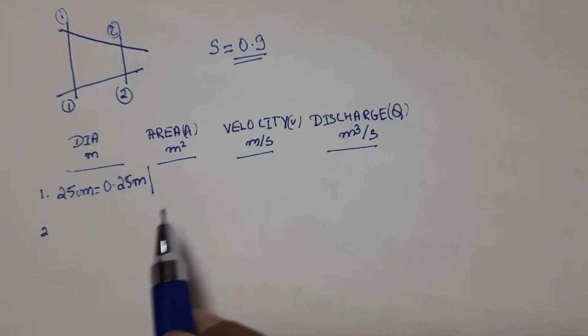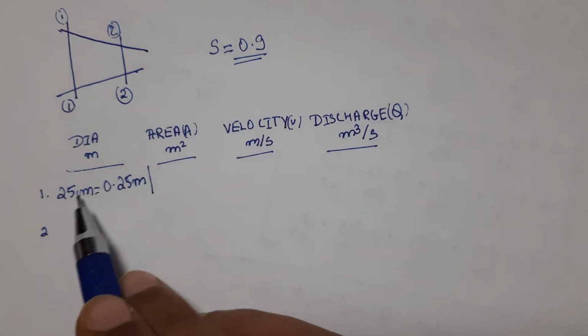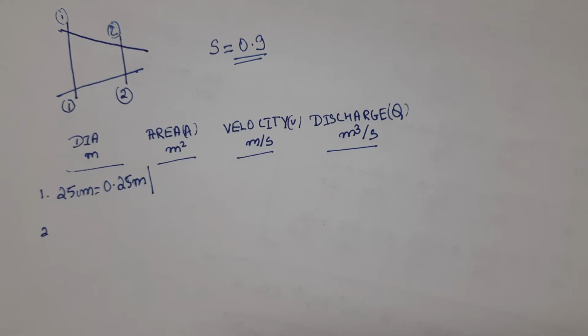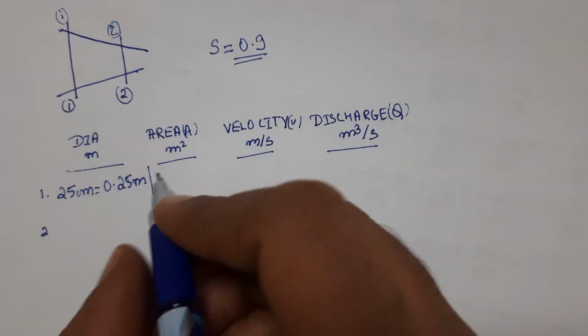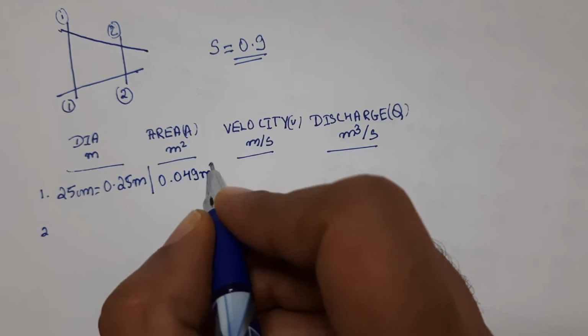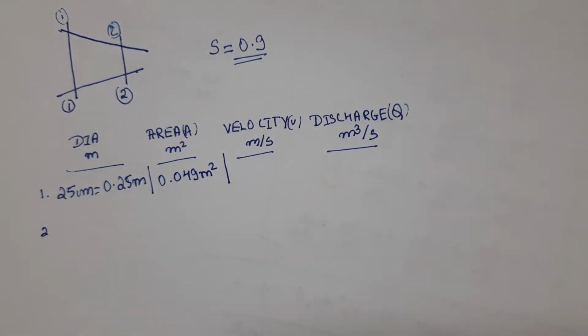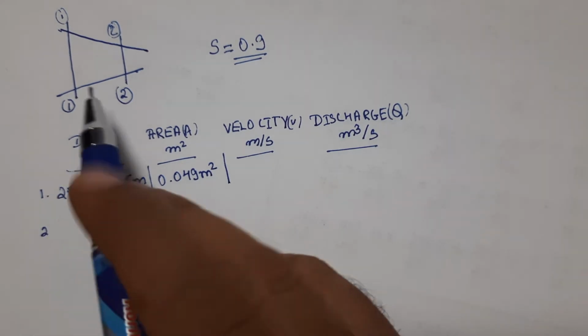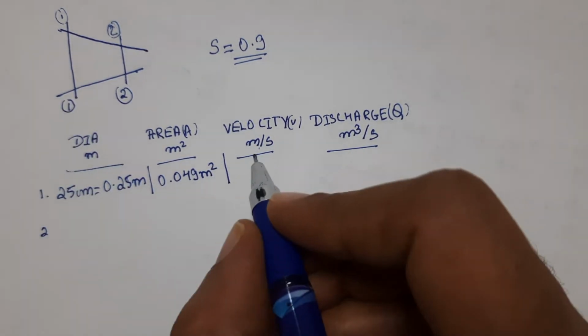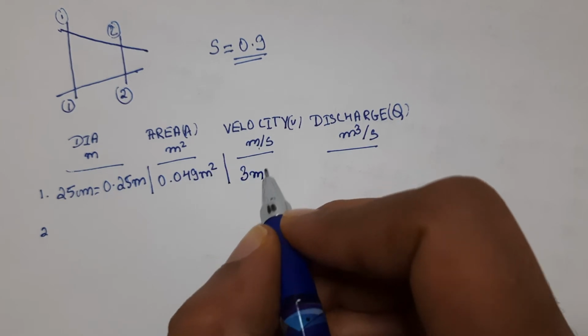So the area of this section will be pi by 4 into 0.25 square, which is 0.049 meter square. The velocity at the first section, as given in this problem, is 3 meter per second.